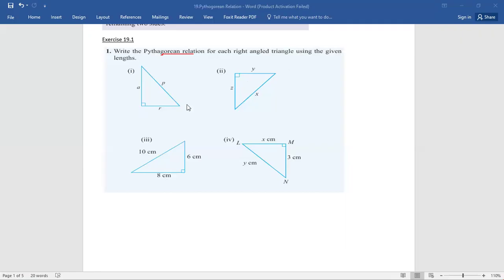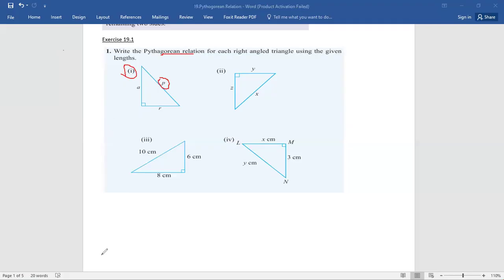All right. So first of all, we need to identify our hypotenuse, right? So by looking at this, first one, what is our hypotenuse? That is P, right? So if we apply the Pythagorean relation, how do we do this?